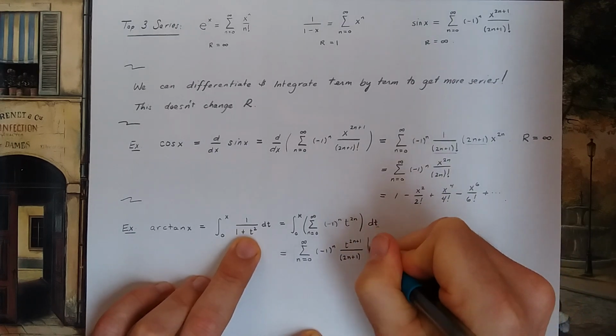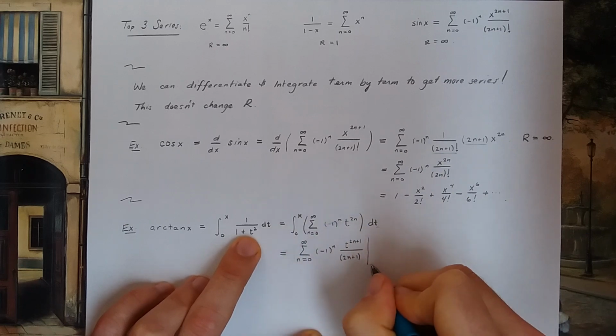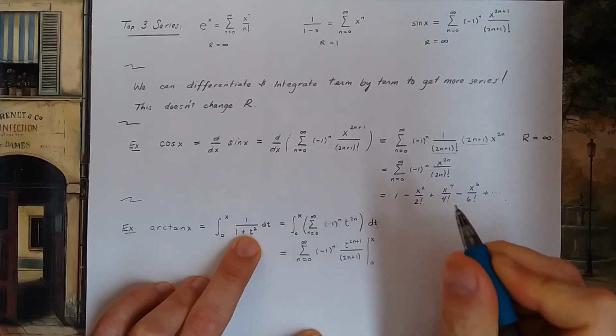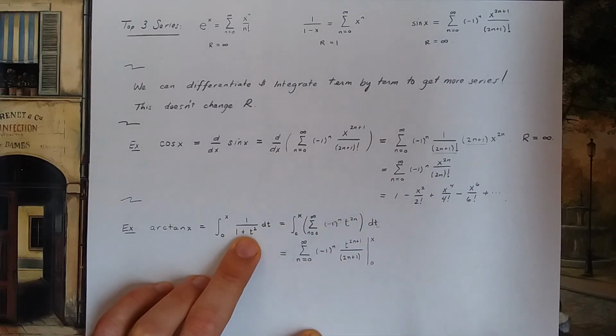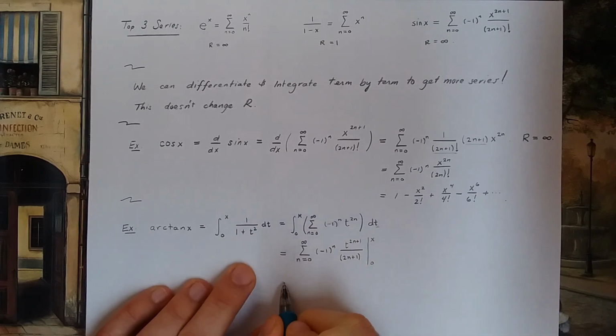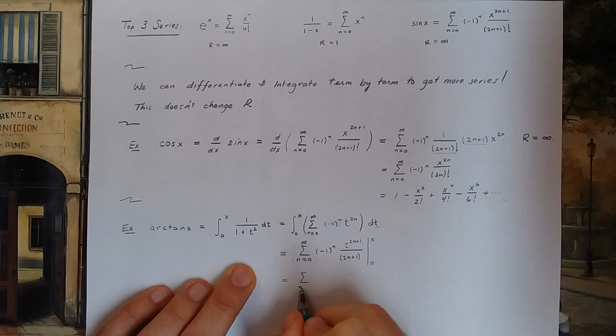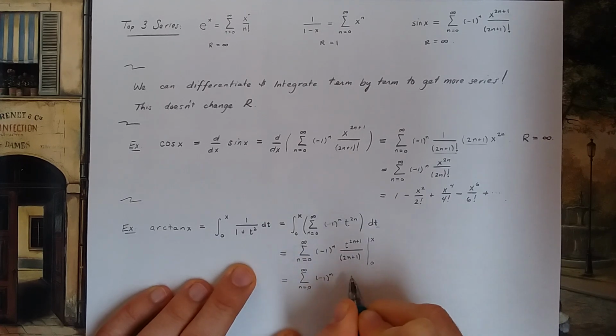And I'm going to evaluate that at t equals 0 and t equals x. Okay, well, I plug in x, so I get the sum going from 0 to infinity, negative 1 to the n, x to the 2n plus 1 over 2n plus 1.